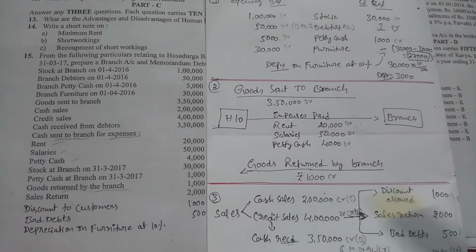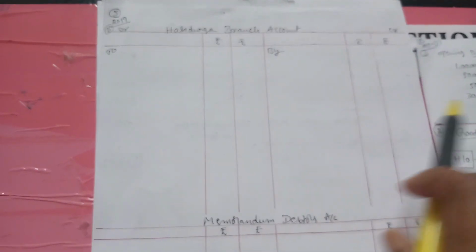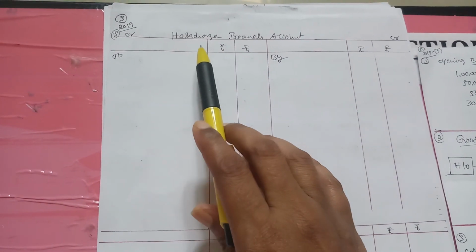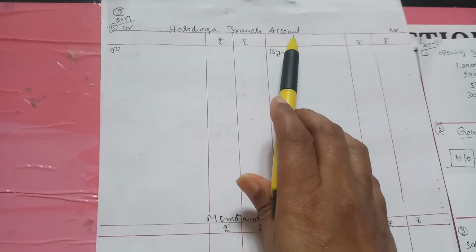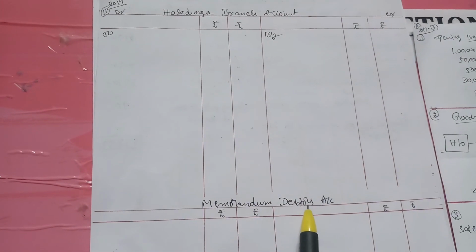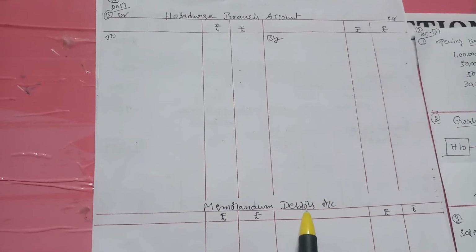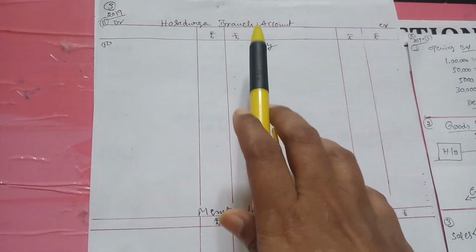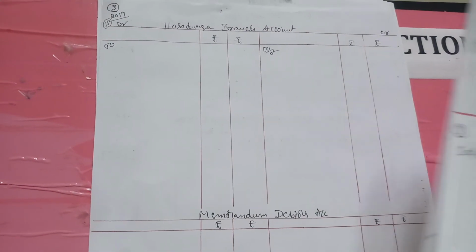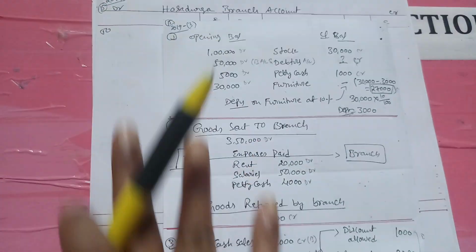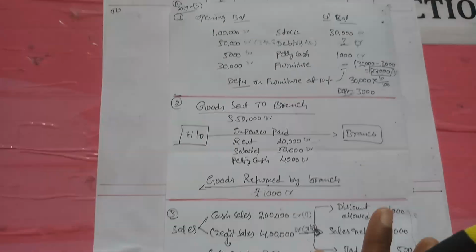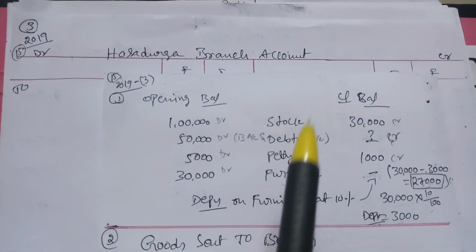Okay, now solve the problem. I am preparing the branch account, and we are preparing the memorandum debtors account. Only two accounts. We have all the information here. First we'll check where part 1 will come.